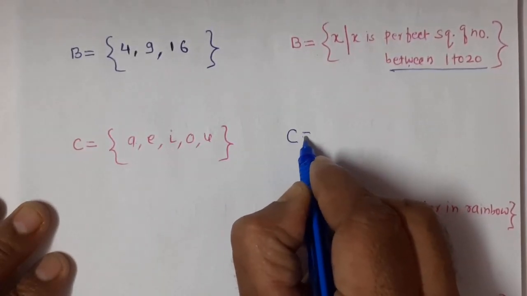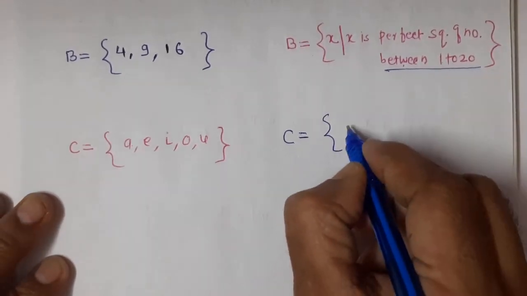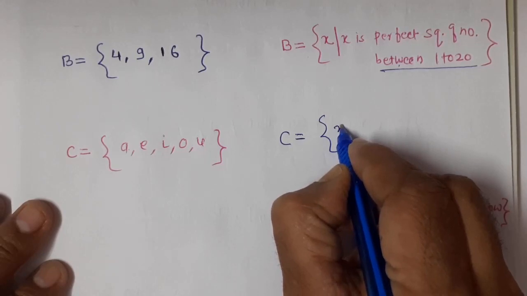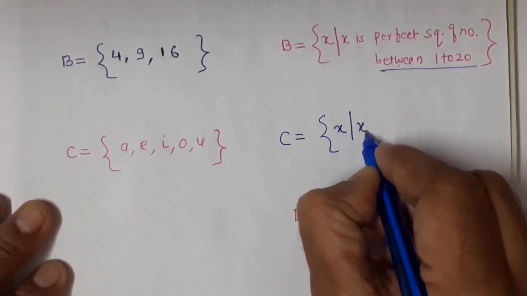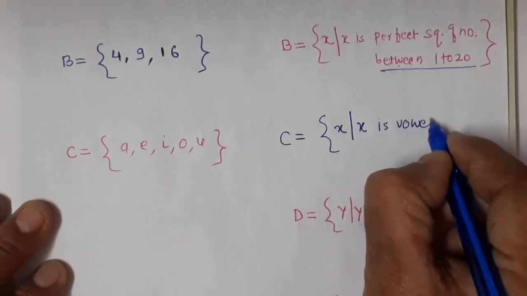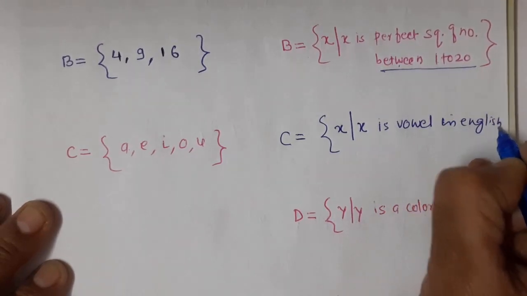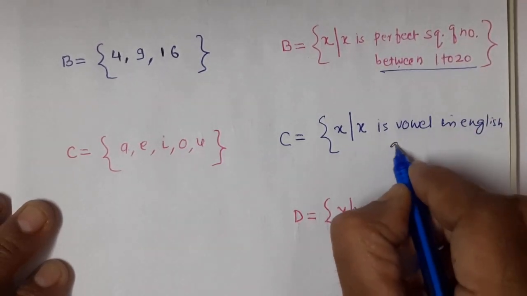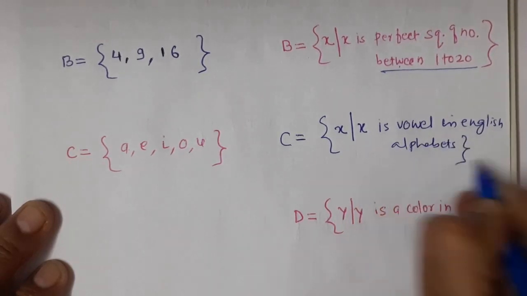C is a set of x, or y, whatever it may be, where x is a vowel in the English alphabet. Okay, that can be written like this.